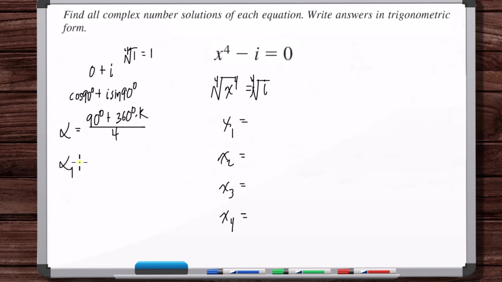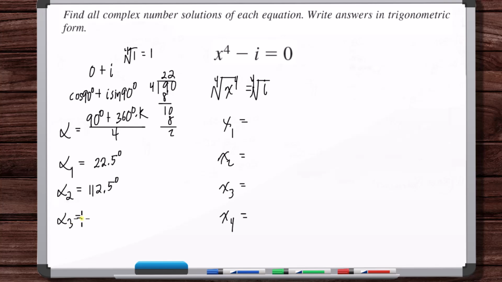So alpha 1 is going to be, when k is equal to 0, 90 divided by 4 is what? Is 90 divisible by 4? No. So 22 and a half. Okay, alpha 2 is going to be, well, we know they're spaced 90 degrees apart, so we've got 112.5.